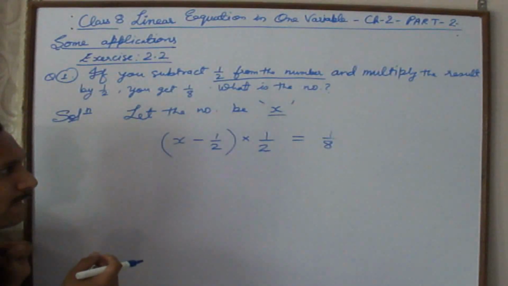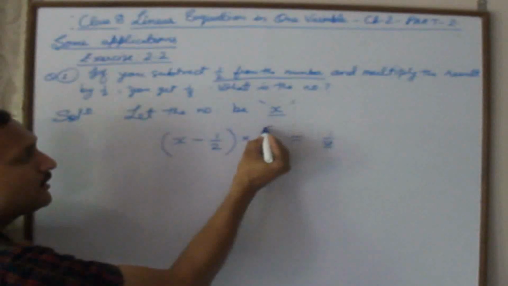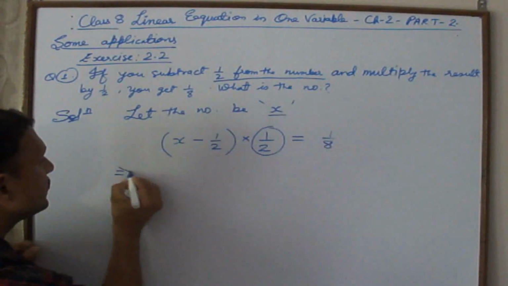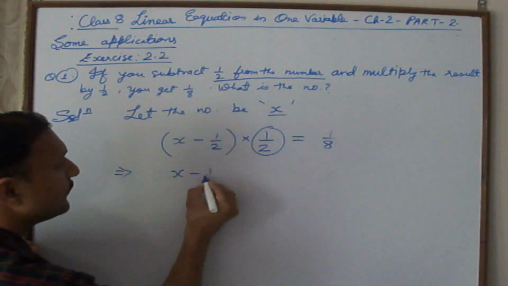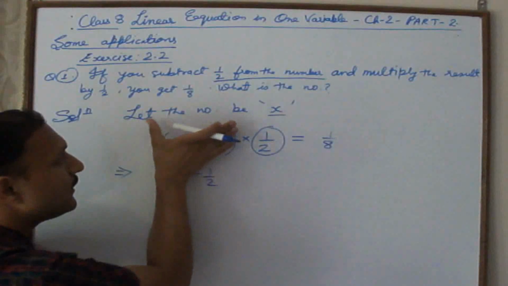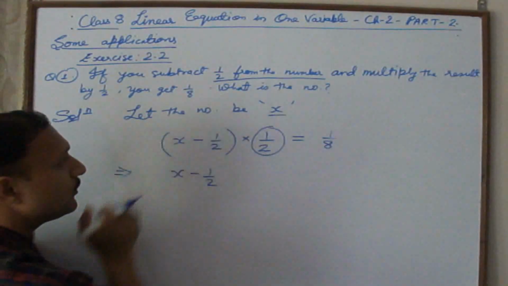As usual, whatever is in multiplication will go in division. 1 by 2 is in multiplication with the variable part, because the result is unknown to us.